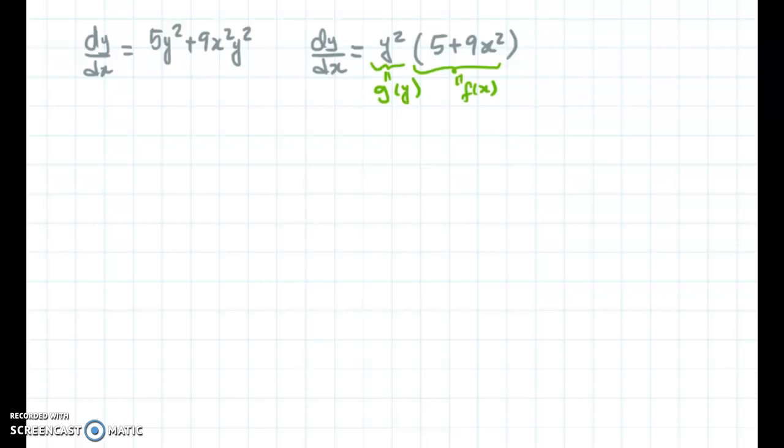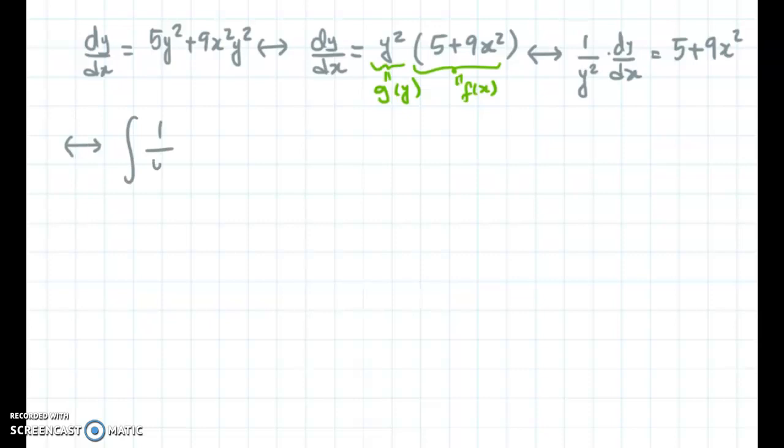So now that we were able to separate the differential equation, we are going to write everything with y on the left-hand side. So we are going to have that 1 over y squared dy/dx is the same as 5 plus 9x squared. Now we take integrals with respect to x on both sides.